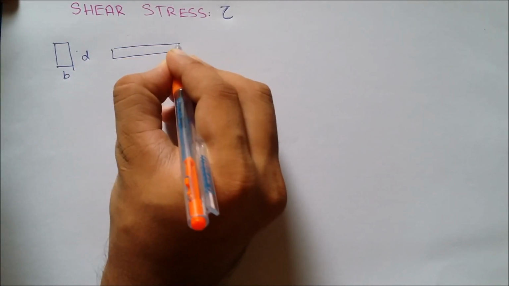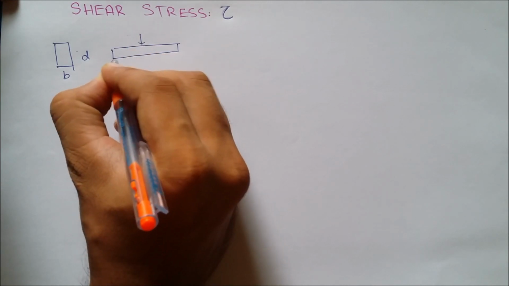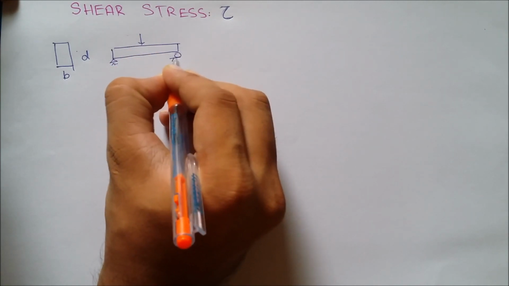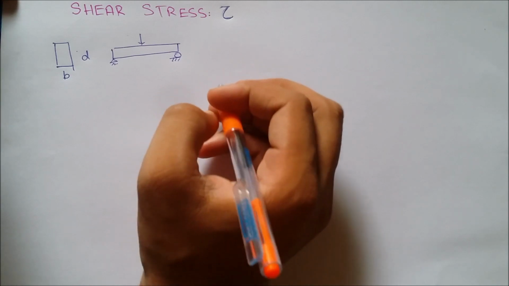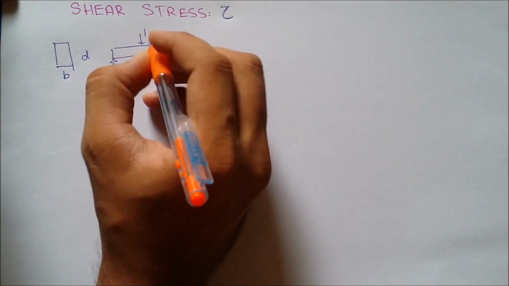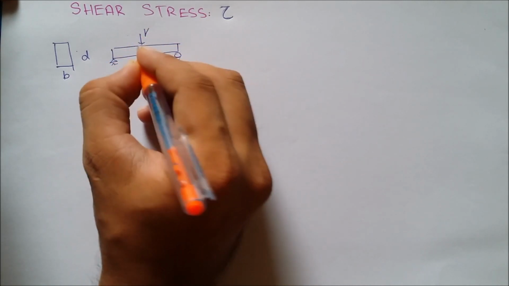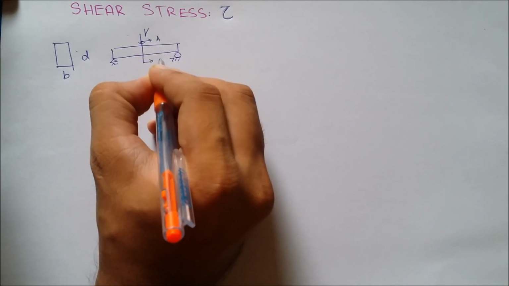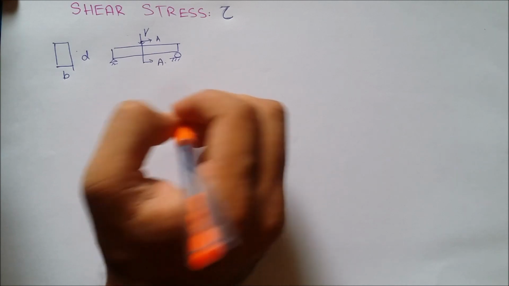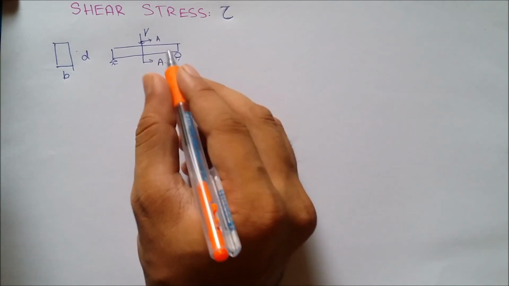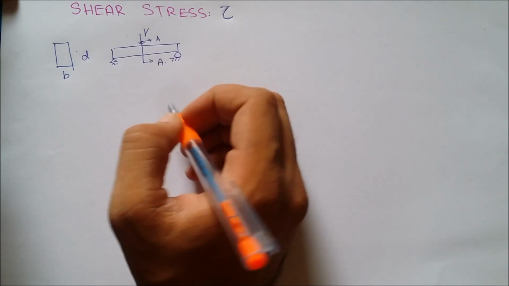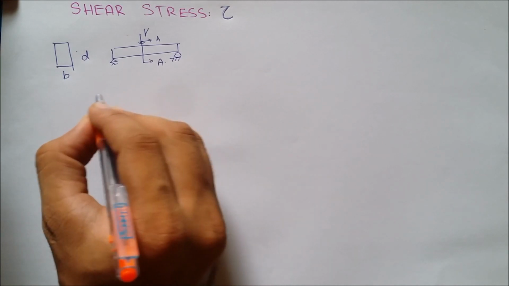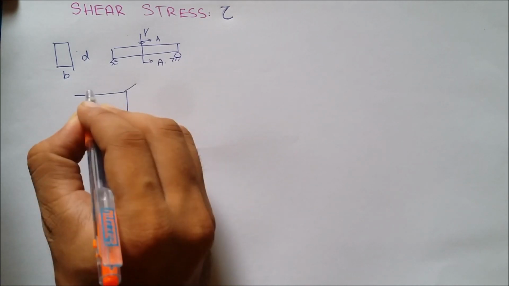The profile of the beam is... the applied load is V. If we consider this cross section, let's call it section AA. We require to find out shear stress at the section AA. So the shear stress will be acting as I'm drawing.